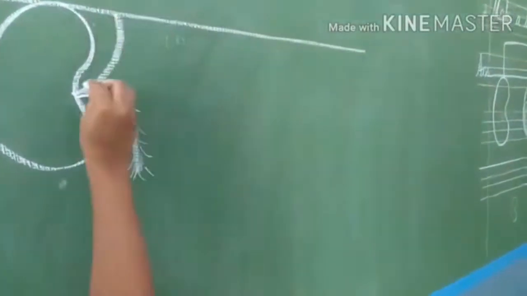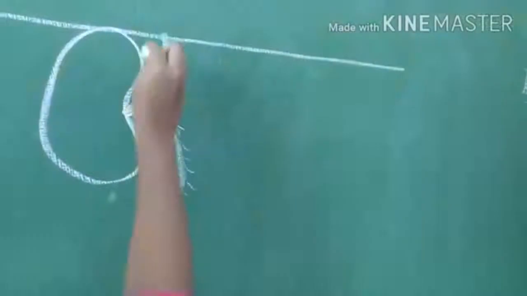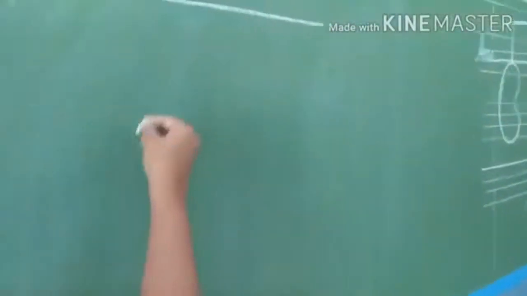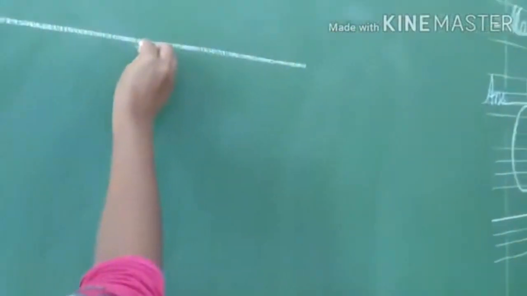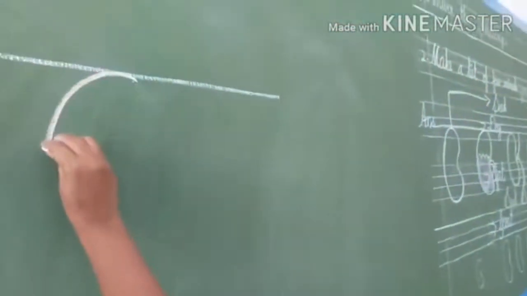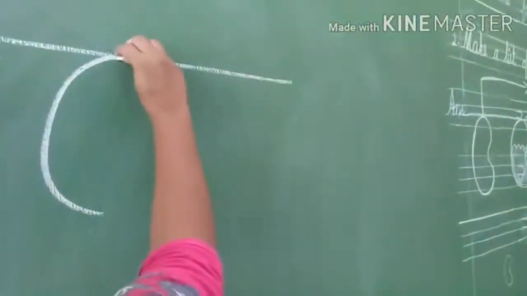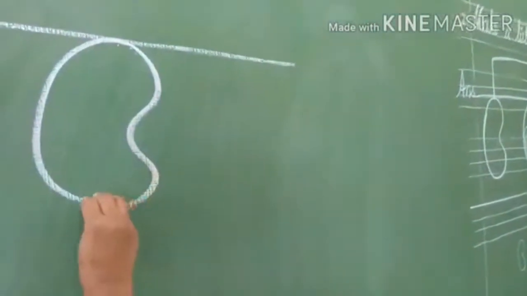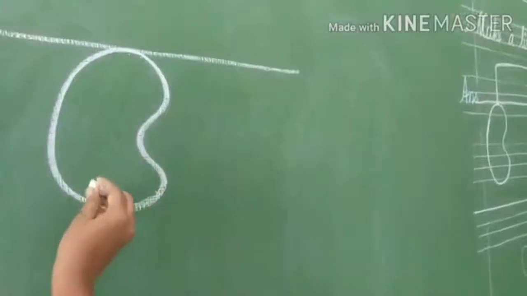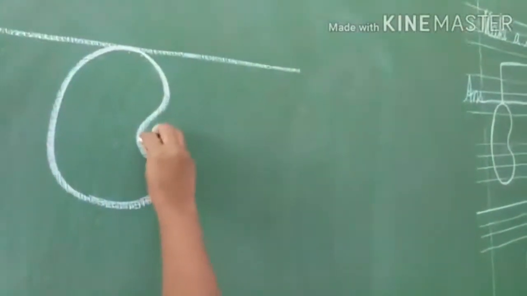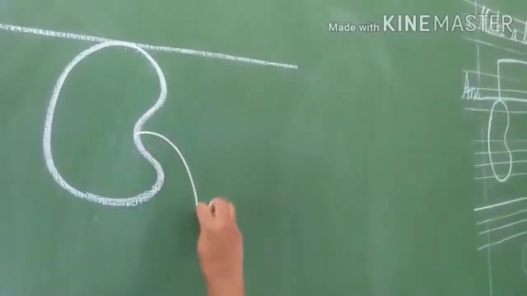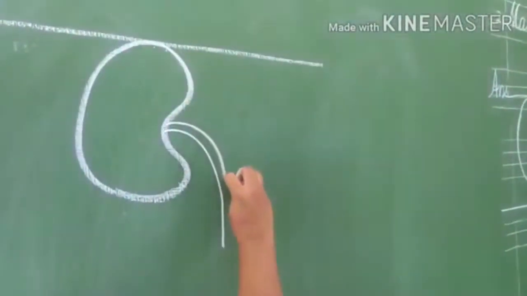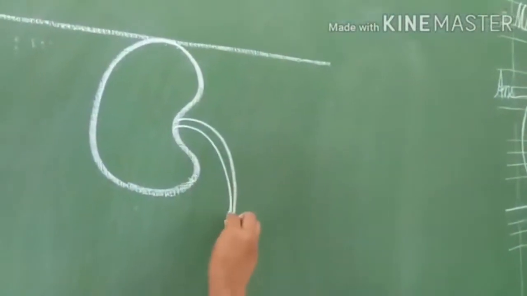And next you have to draw the embryo towards above the ground. And again you have to draw a seed like this, children. And draw the radicles again towards the soil.